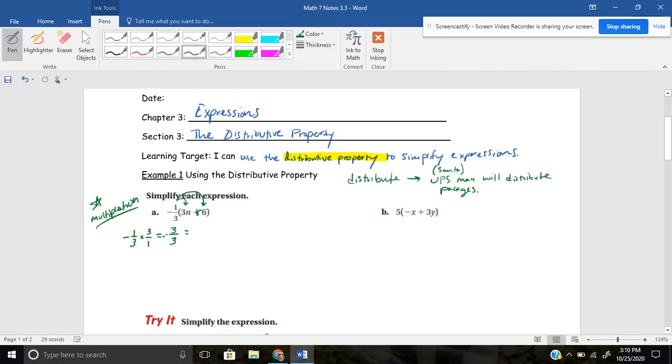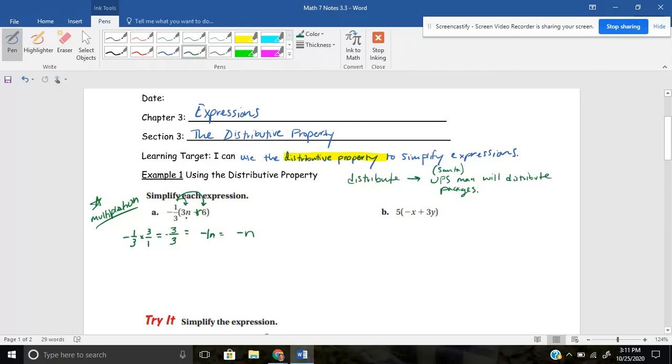Okay, and negative 3 divided by 3, anything divided by itself is 1. So that would give me negative 1n. Remember, that's the same as negative n. We assume that there's a 1 there. Basically, I took 1/3 and multiplied it by 3, kept track of my negatives, and also realized I was multiplying that by 3n.